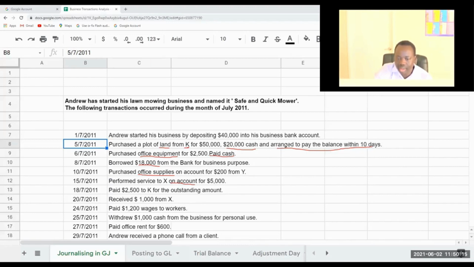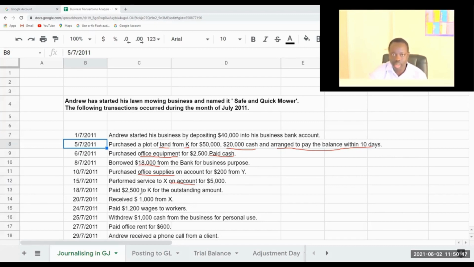There was an outstanding amount here, and that was $30,000. But this one here is $2,500. What we're going to do, liability account, which is accounts payable, is decreasing because 2,500 has been paid.